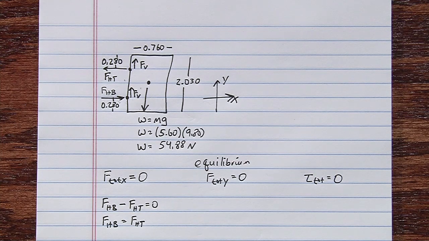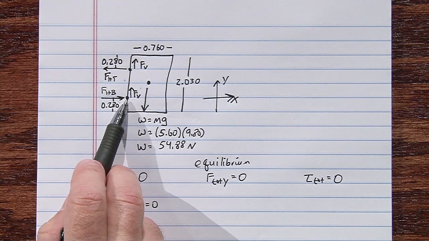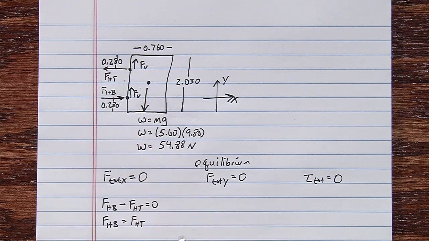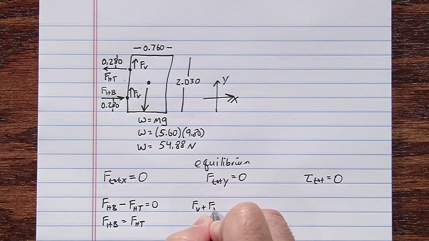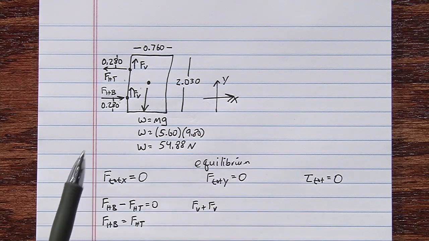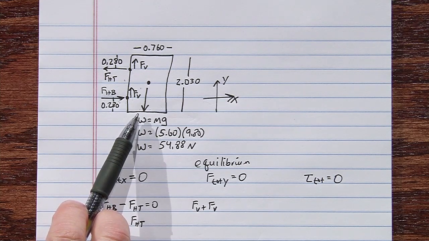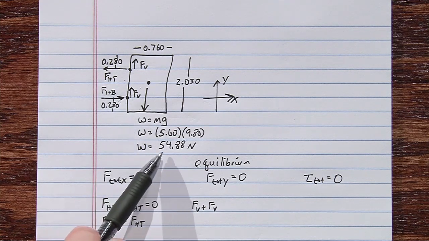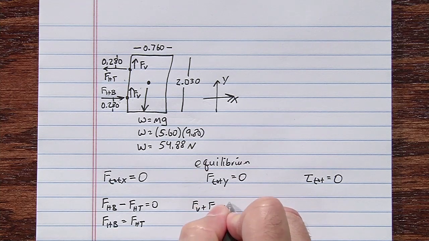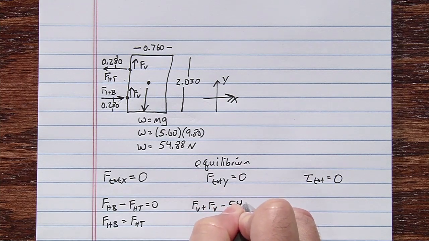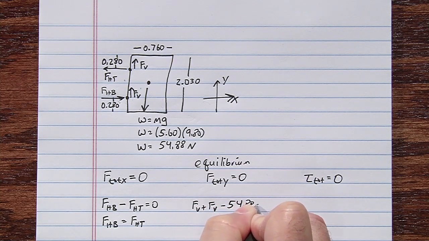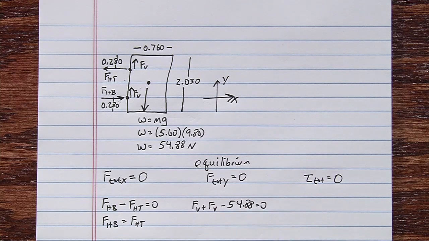Force total Y is equal to 0 tells me that F vertical plus F vertical, because each hinge exerts an upward force F vertical, minus the weight, minus 54.88 newtons equals 0. So those are all my forces in the Y direction.